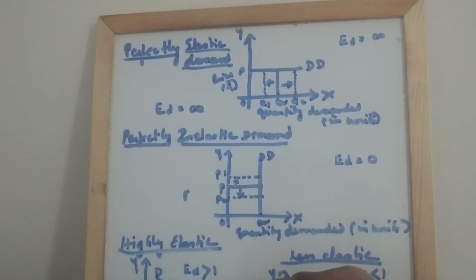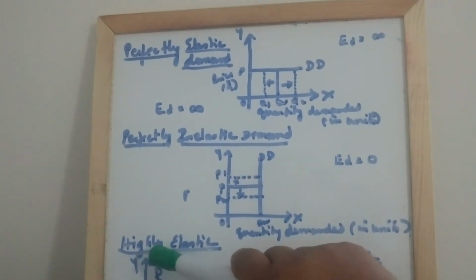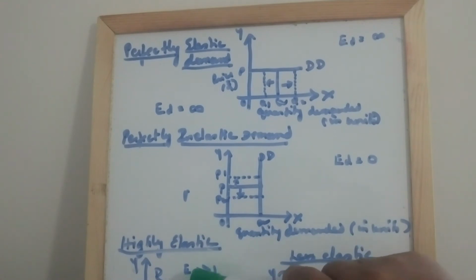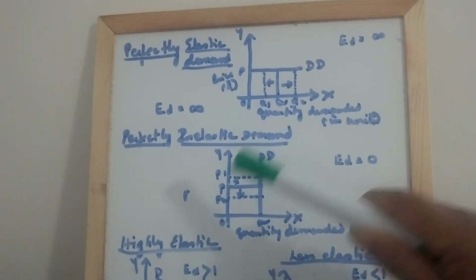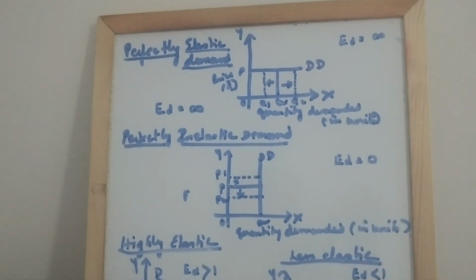Now the price decreases to OP1, and the demand increases to OQ1. You can see the change in demand is much more than the change in price. That is what is meant by highly elastic, so elasticity of demand is greater than 1.